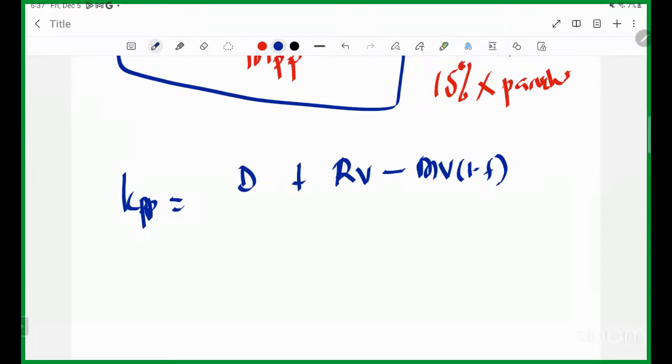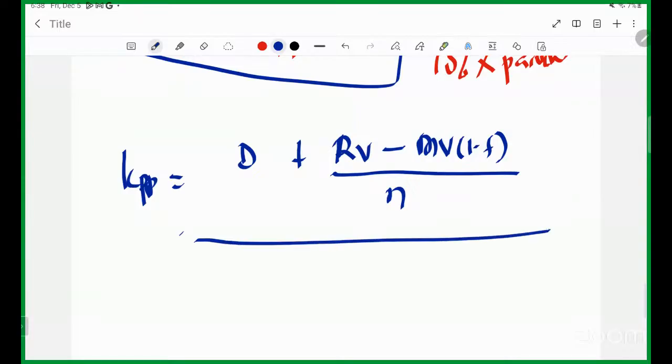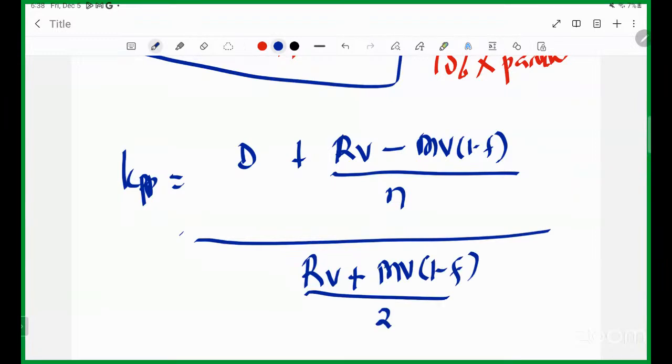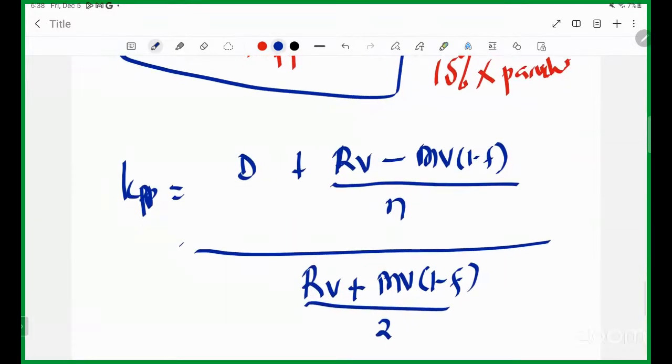Normally they're given in percentage over N, which is the number of years. And this all over the redemption value plus the market value. If there is a flotation cost, you remove it from the market value, over 2. This is also another formula of finding the cost of preference share.